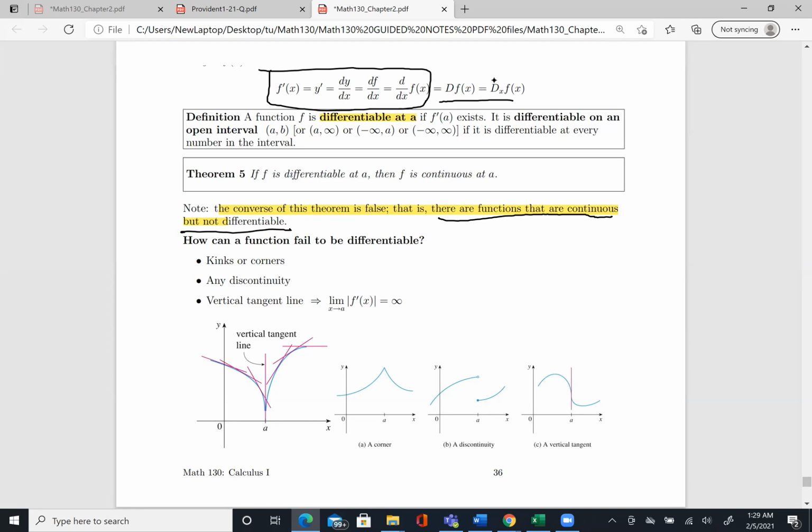So how can a function fail to be differentiable? If you see a kink or corner, over here is one of the reasons, the corner.